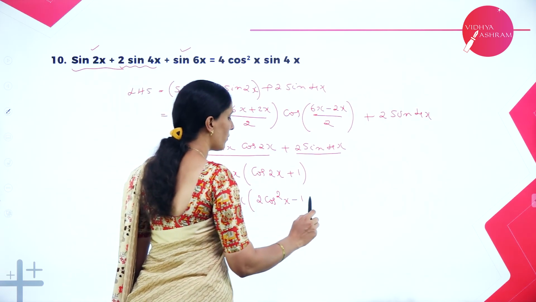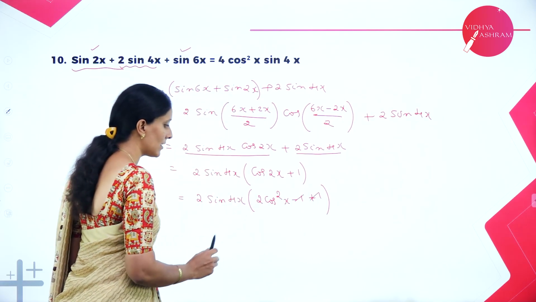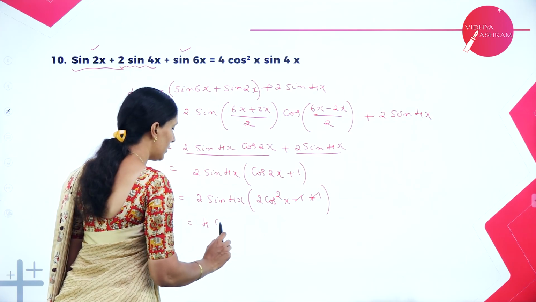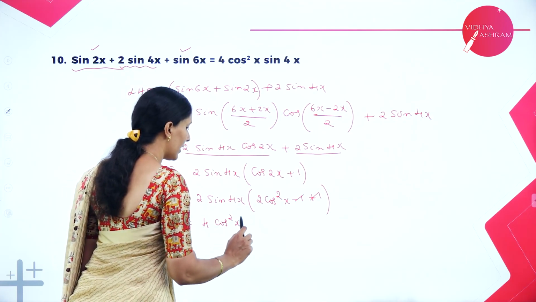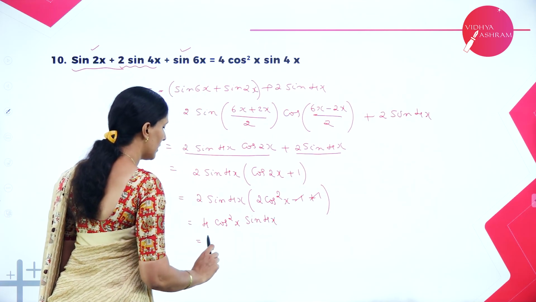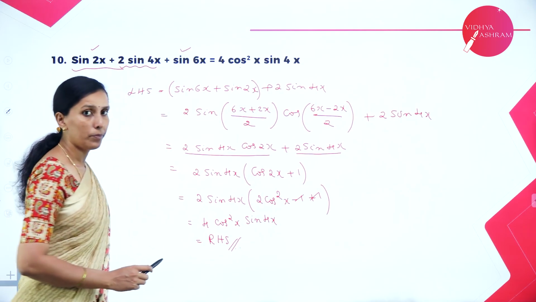So 2 cos square x minus 1 plus 1, so minus 1 plus 1 cancels here. 2 into 2 becomes 4 into cos square x into sine 4x. So that is the RHS of the given identity, hence we proved.